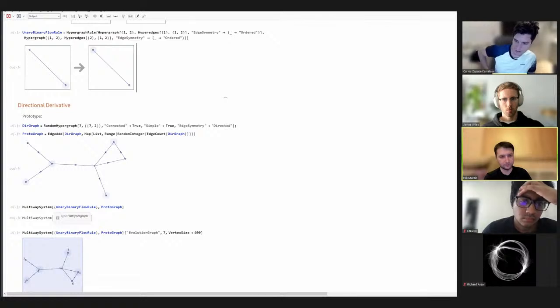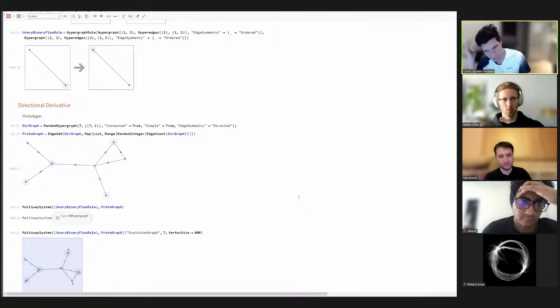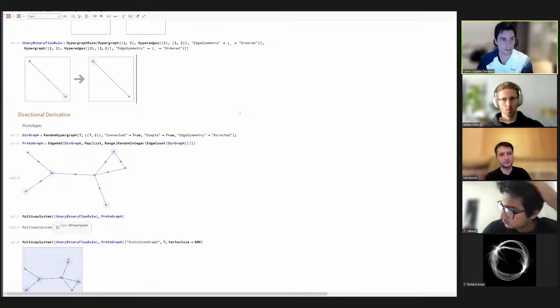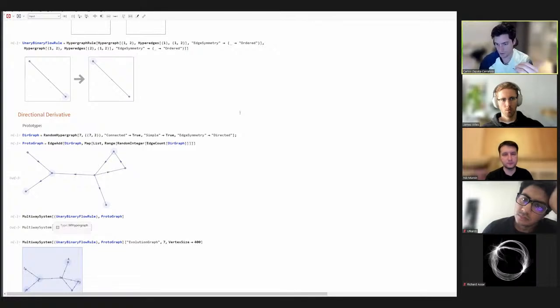Yep. You agree? Yeah. Okay. So the additivity property of directional derivatives, or whatever this is, could be seen as, if you begin with two hypergraphs, so two such distributions of unary edges, and you apply the rewrite process to both, the relation of the values in the end is exactly additive, right? Should be, right?